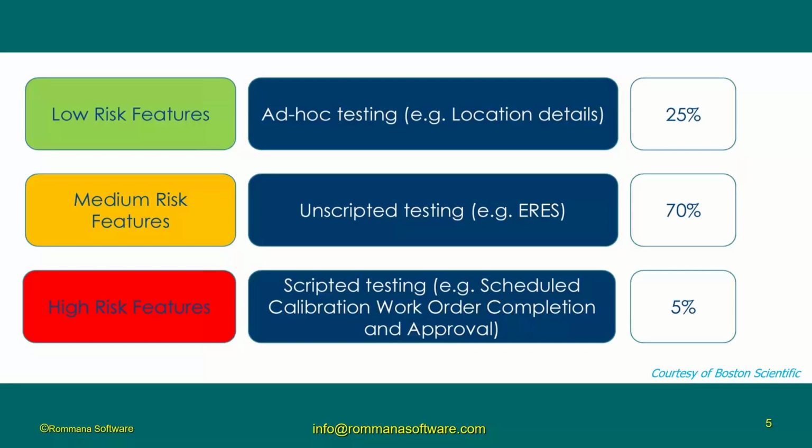And then for those features that are medium risk, and the medium risk that do not impact the patient, things like electronic records and electronic signatures, these are some examples, they want them to be tested as unscripted, and they say just leave the scripted testing the way it has always been done for those high risk features.